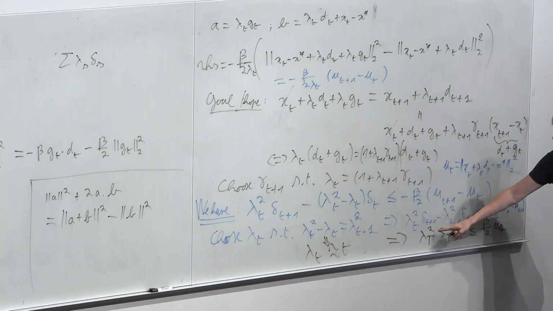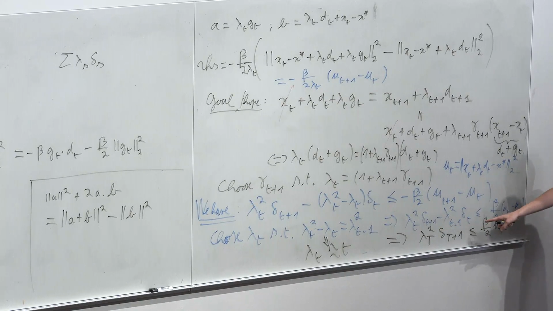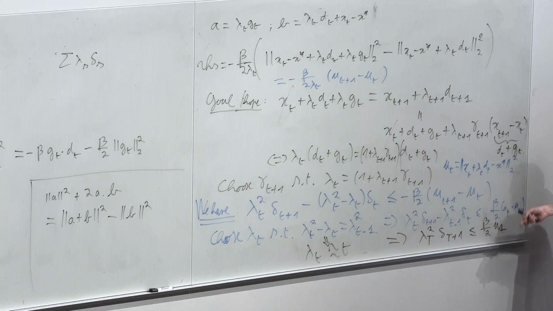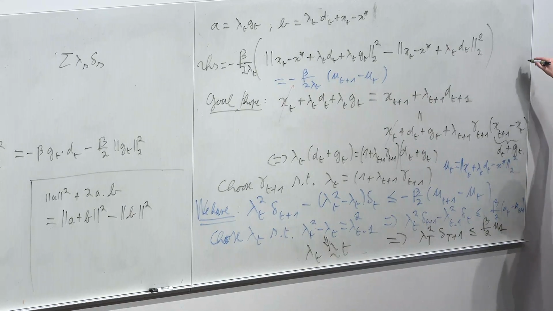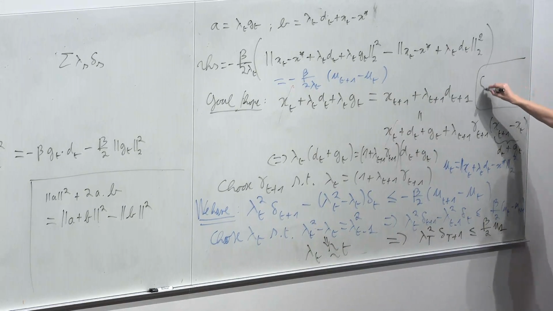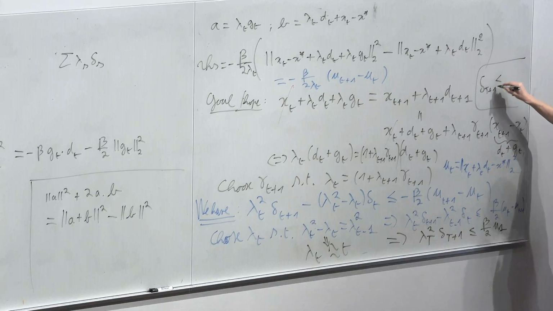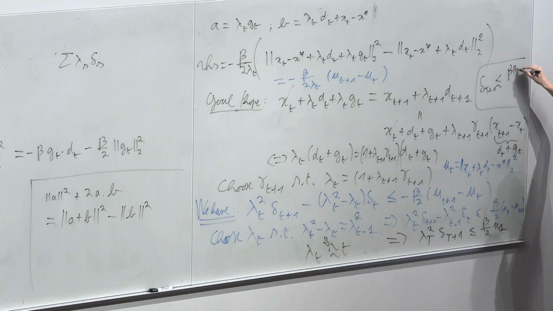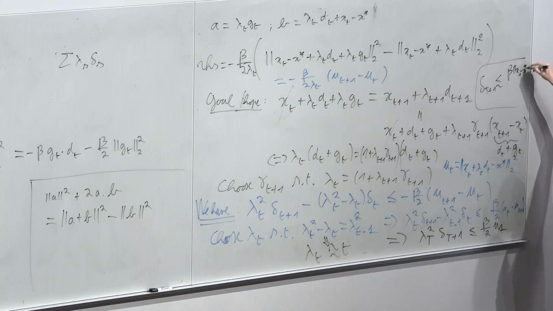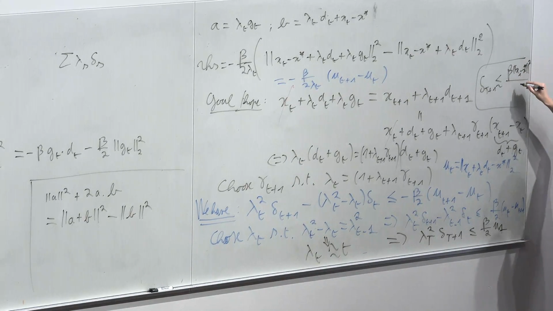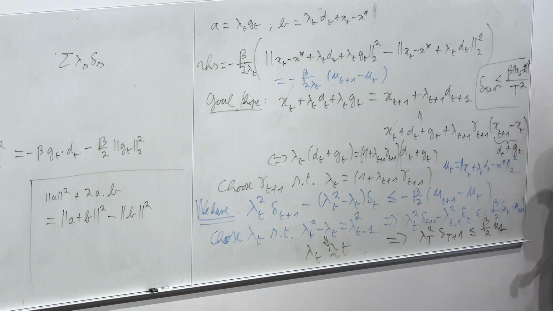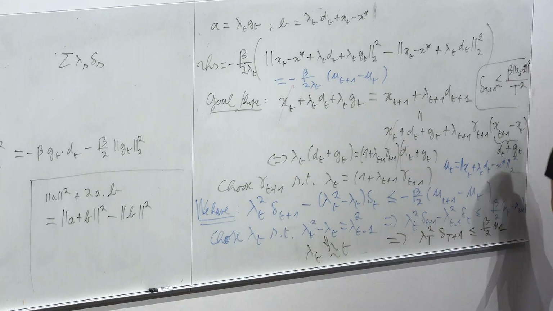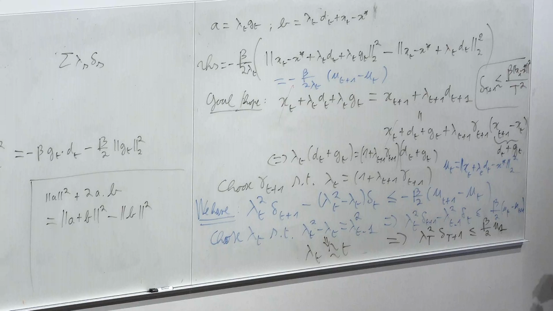So I get t squared times delta t plus 1 is smaller than beta distance to the origin over 2. In the end, delta t plus 1 is smaller, up to some constant, than beta times x1 minus x star squared over t squared, because lambda t is t, so lambda t squared is t squared.